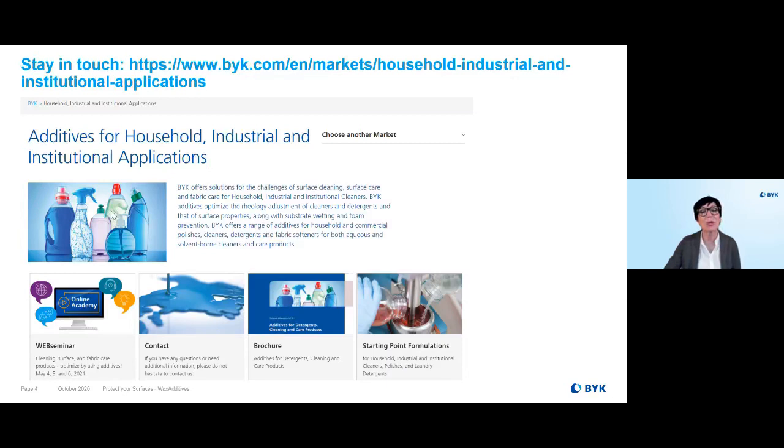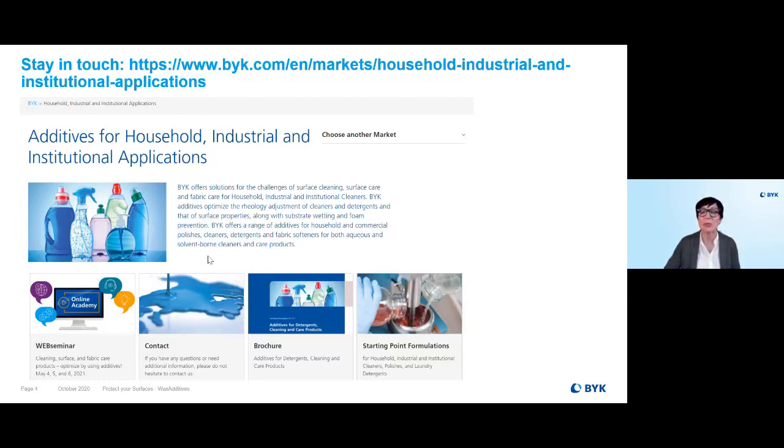If you click on the product, you find information, technical data sheets, safety data sheets, even information about REACH or food contact, and these kinds of pretty important things. You will see as well if we are planning a web seminar. If you are looking for any personal contact, you will find here all information about our agents. You can get in contact with them, or even ask us, and we get you in contact with the right person.